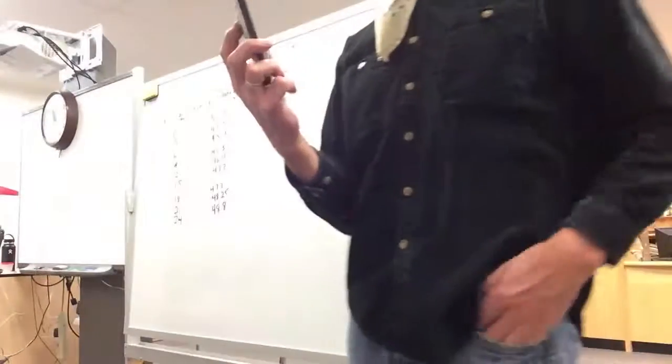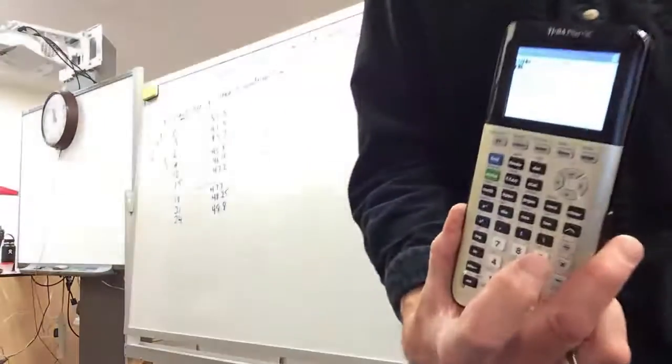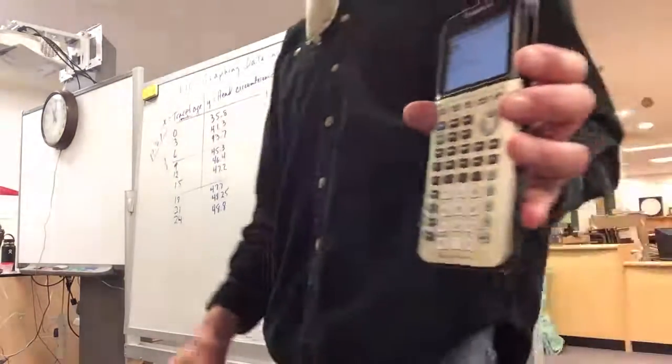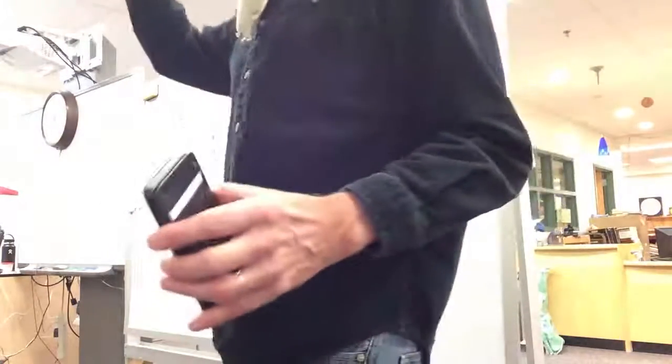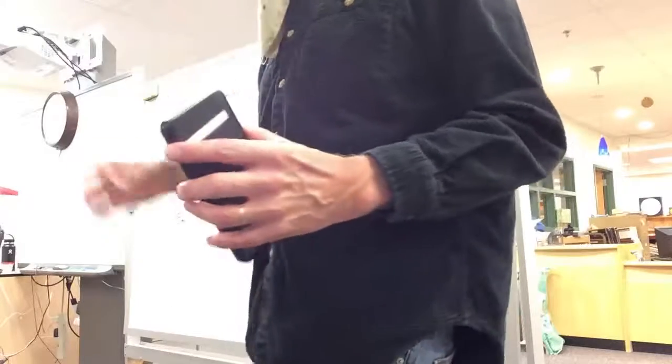STAT is short for statistics. So when you hit STAT, there's all kinds of statistics that can be done. Hit it once. It should read edit, calc, and tests. What we're going to do is edit. So hit enter. And what should pop up should say L1, L2, L3, L4. Mine doesn't do that.